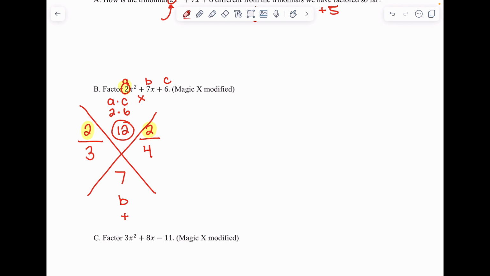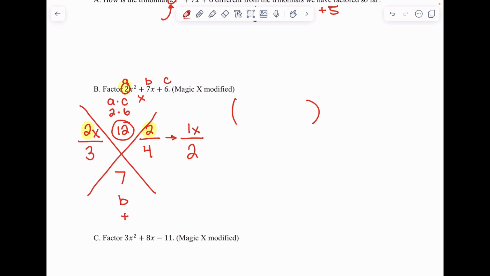I then simplify if I can. 2 over 3 cannot be simplified, but 2 over 4 can be simplified to 1 over 2. And the thing about these fractions is this is how my binomial is going to look. The value on the numerator is going to be the coefficient of my x, and the number on the bottom is what is being added or subtracted.